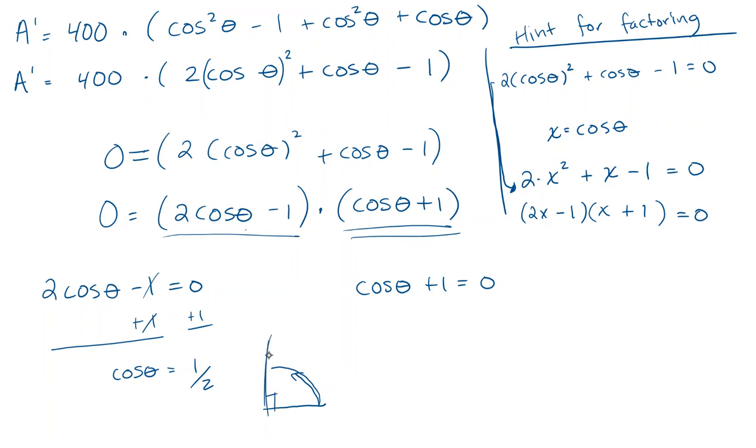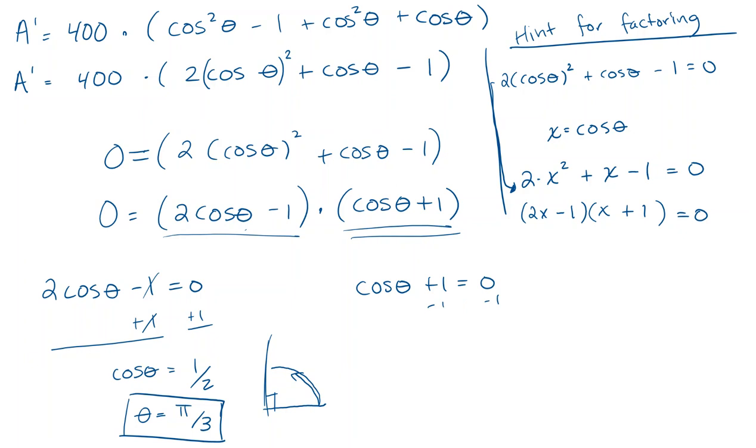That would make a rectangular trough. So we would be looking at angle values between 0 and 90. We wouldn't want to surpass that if we're making a trough. So we think, what theta values from 0 to 90 make cosine of theta 1/2? And that would give us theta is pi over 3.